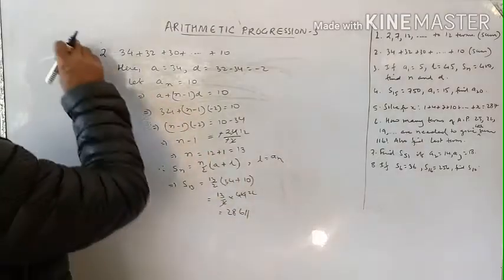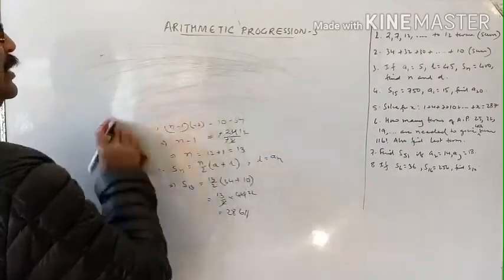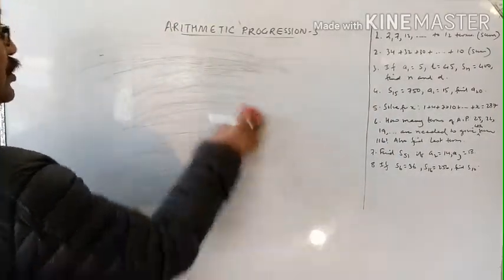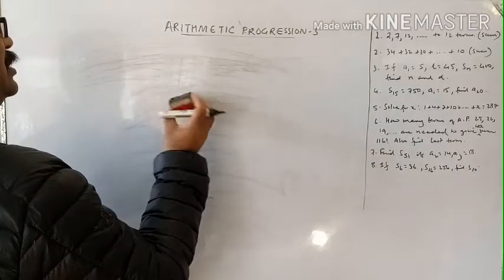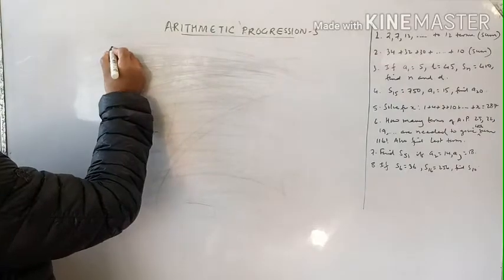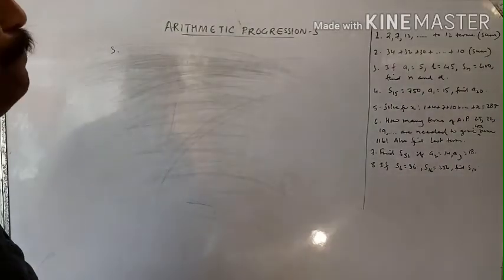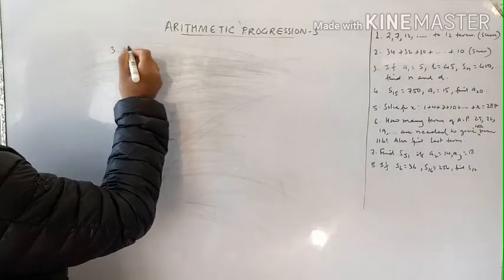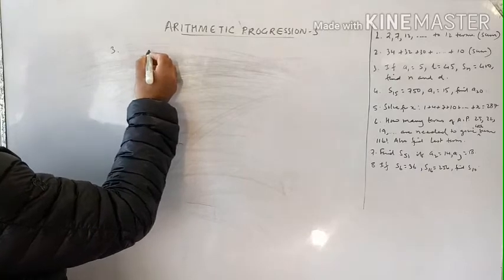Okay, now question number 3. Here you are given a1 is equal to 5.